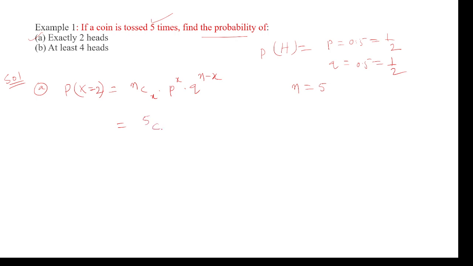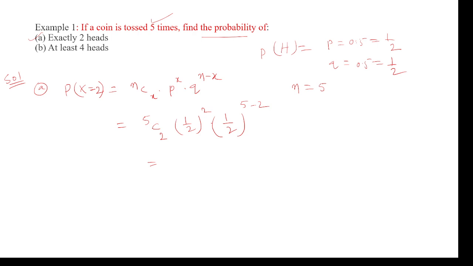Out of that we need to get 2 heads, so p is 1 by 2 whole power x, and x is 2. q means 1 by 2 whole power n minus x, where n is 5 and x is 2.